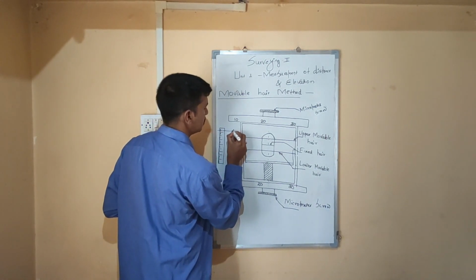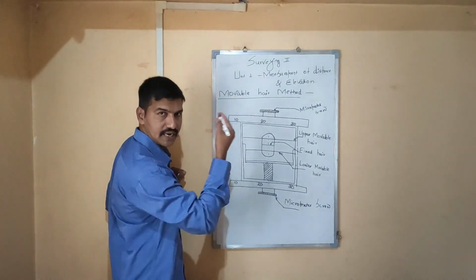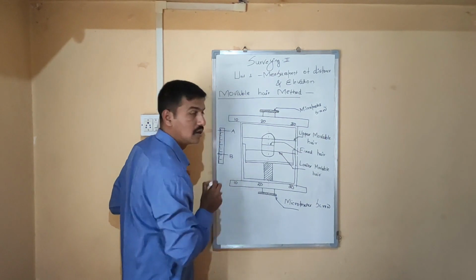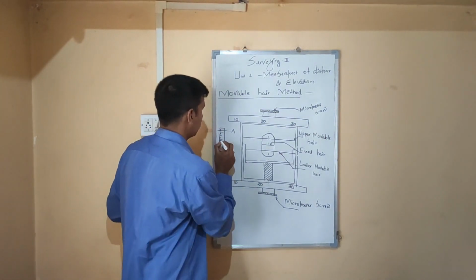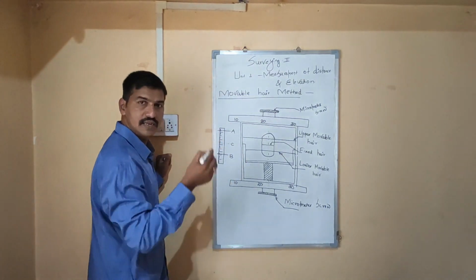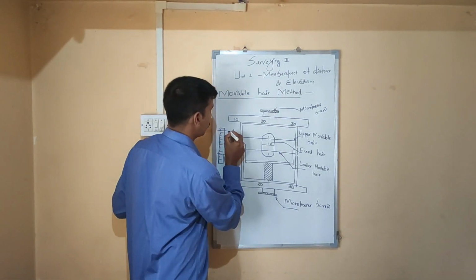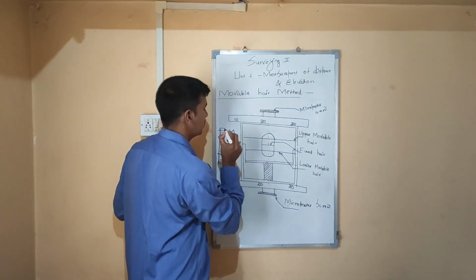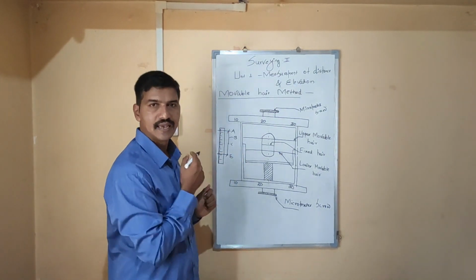Suppose this is target A at the top, this is target B at the bottom, and the central one is C. In this staff, the distance between point A and point B is known as the staff intercept, which is called S. This S is constant.